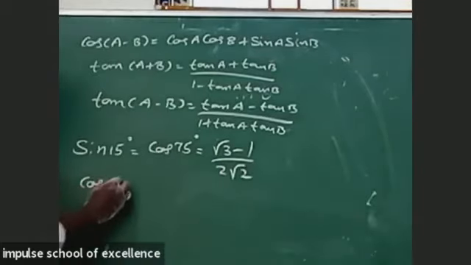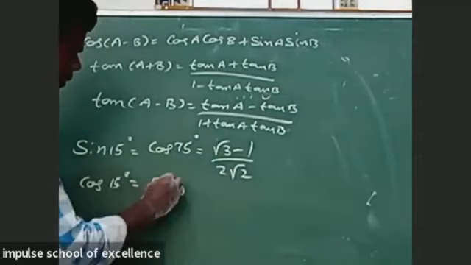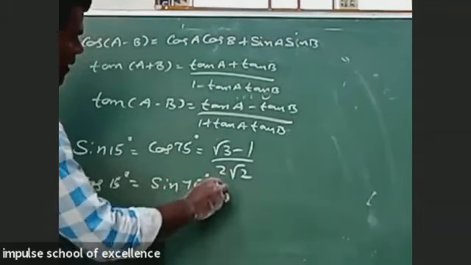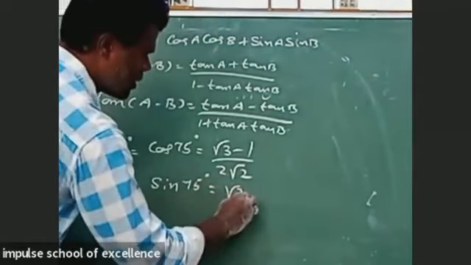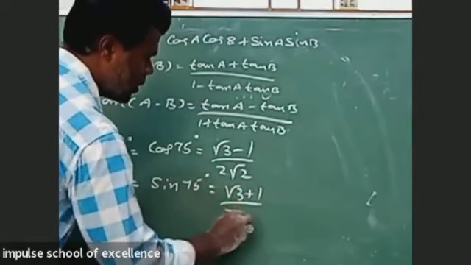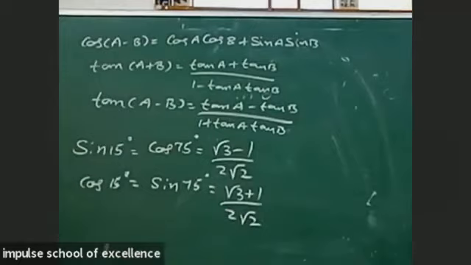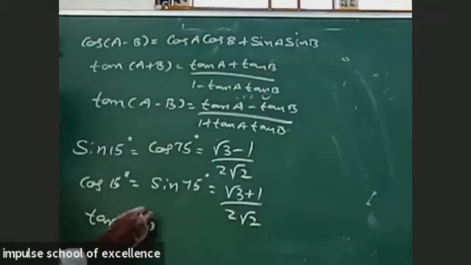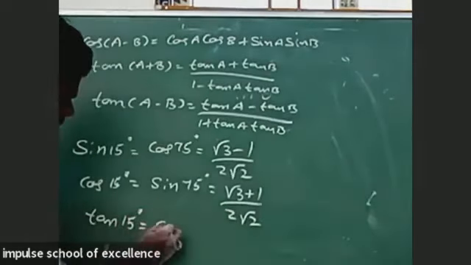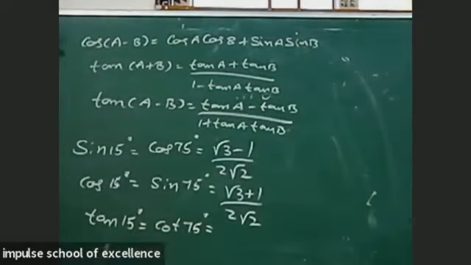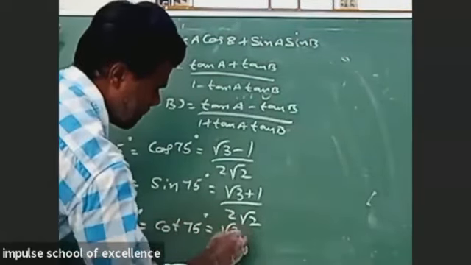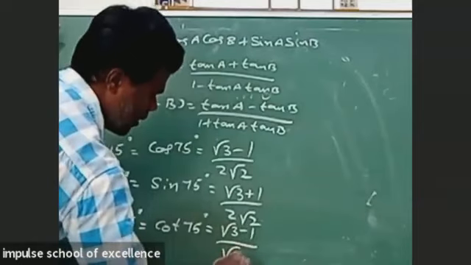Next, cos 15 degrees is equal to sin 75 degrees is equal to root 3 plus 1 by 2 root 2. Tan 15 degrees is equal to cot 75 degrees is equal to root 3 minus 1 by root 3 plus 1.